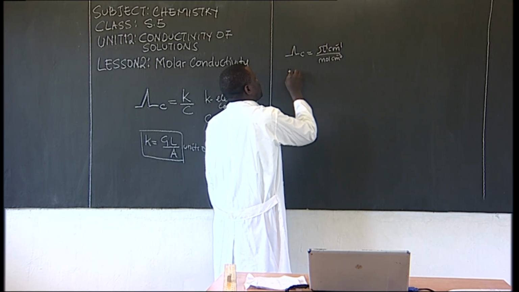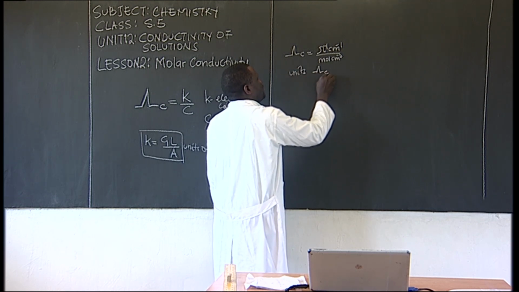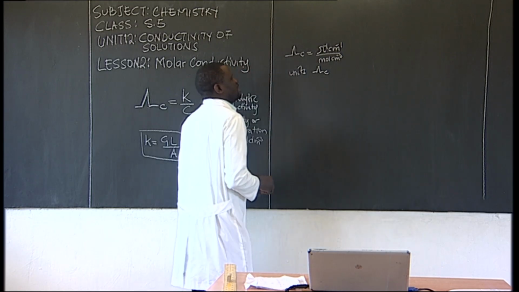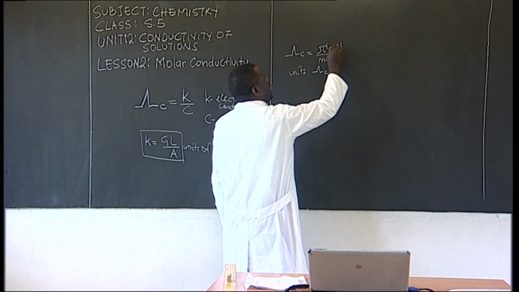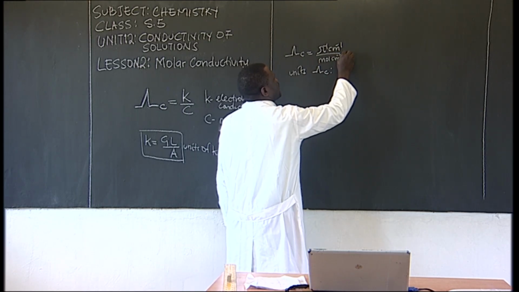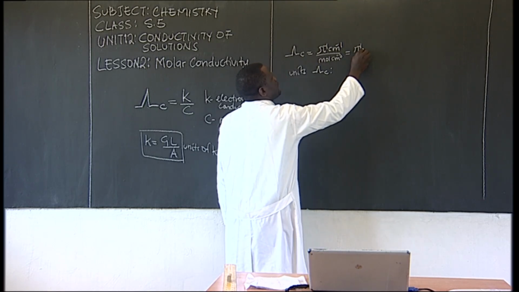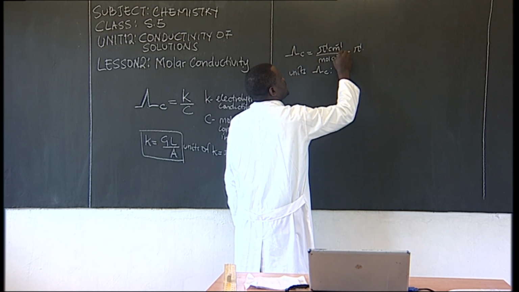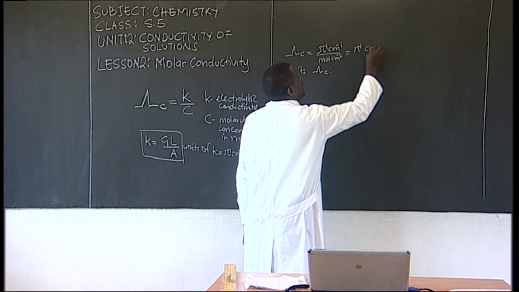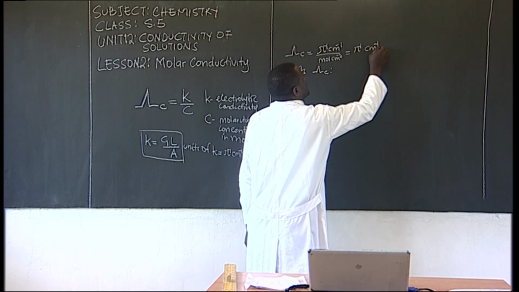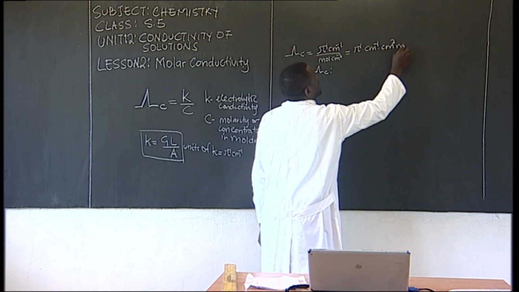So let's do some simple mathematics. When the centimeter goes up, it subtracts with the other one, giving centimeter times centimeter cubed, then per mole.